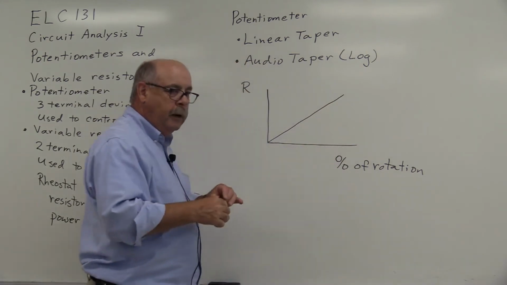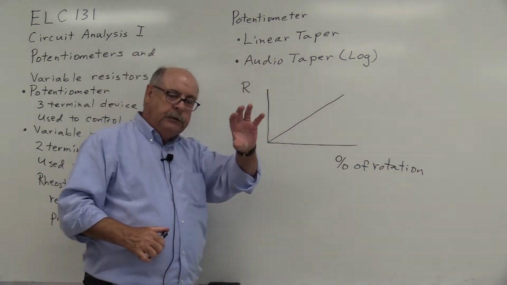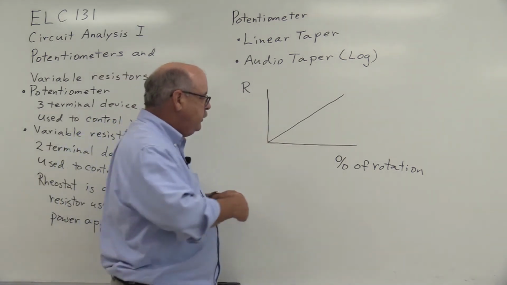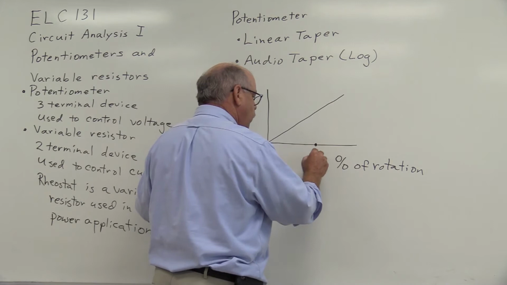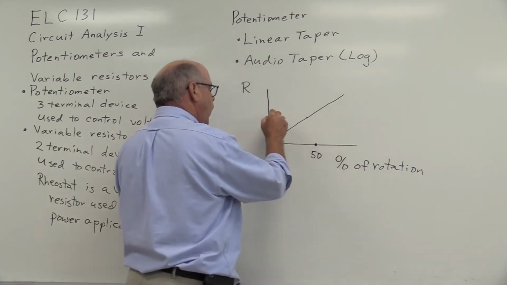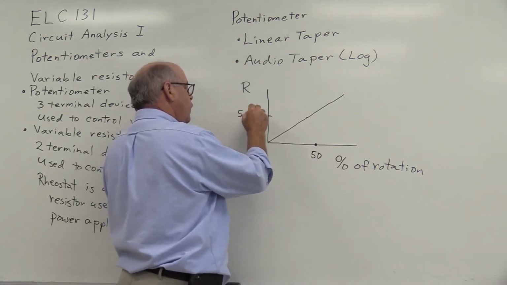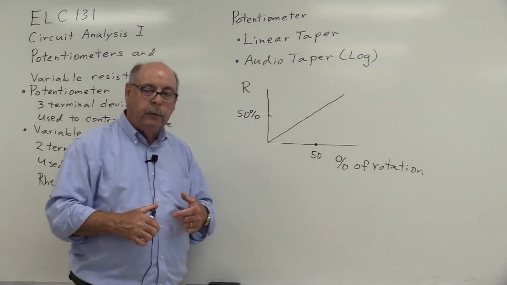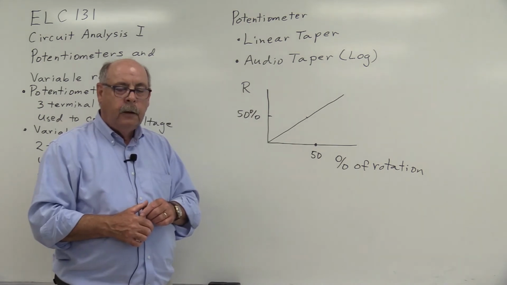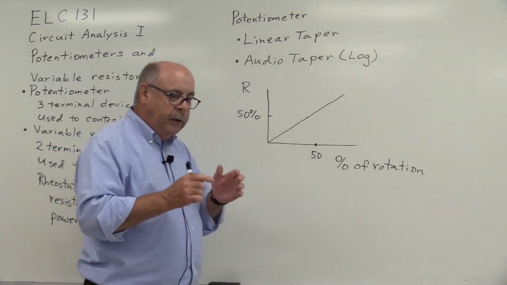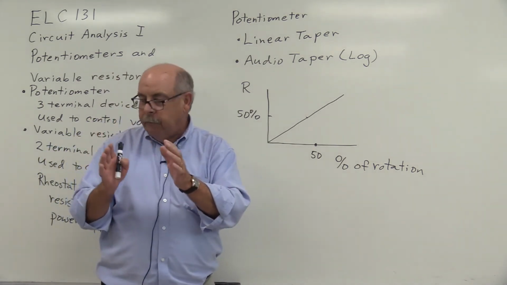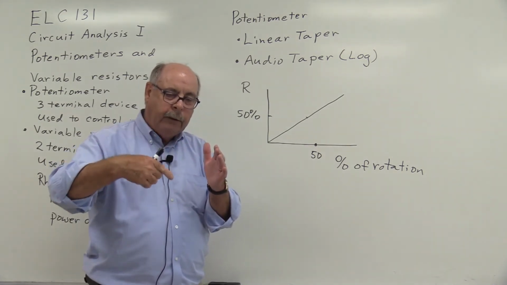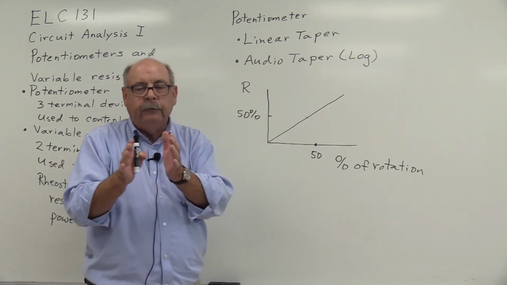In other words, if I move the shaft halfway between the 2 limits, the resistance will be half of the resistance from terminal 1 to terminal 3. That's telling you that the wires, as they're wrapped around the ceramic material, are evenly spaced.